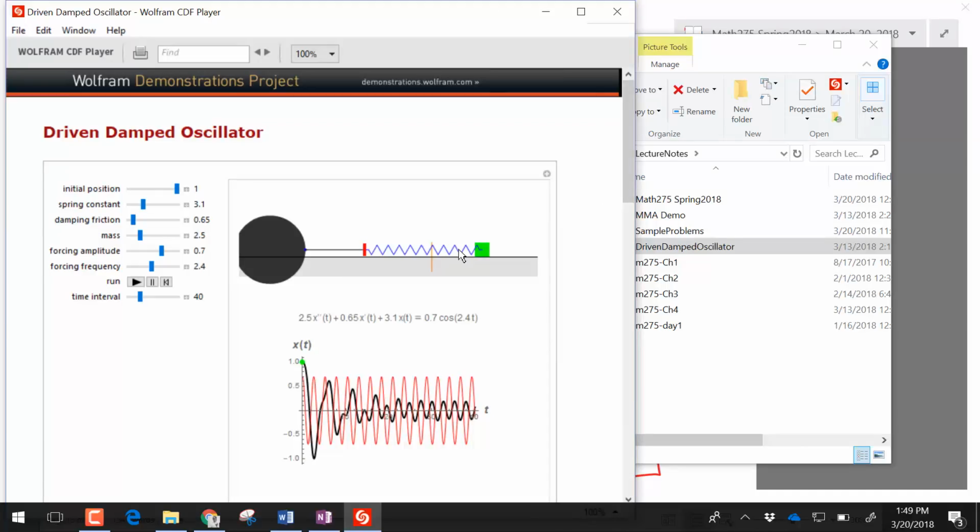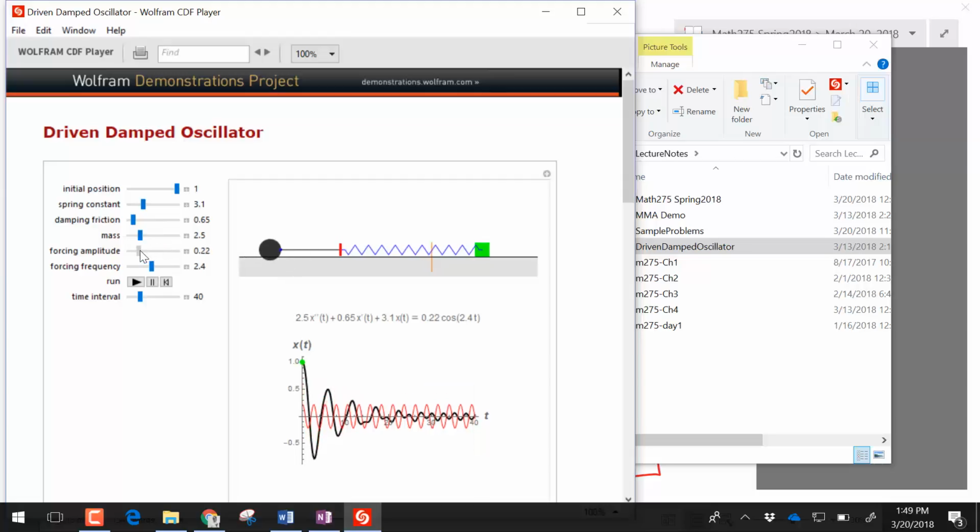So there's a spring here, and you're measuring the distance from the middle. And then there's this round black thing, which is like the external force. Let's make the forcing amplitude smaller and the forcing frequency a little smaller.